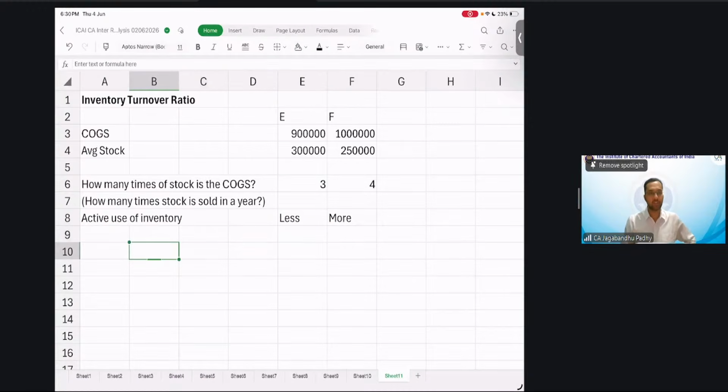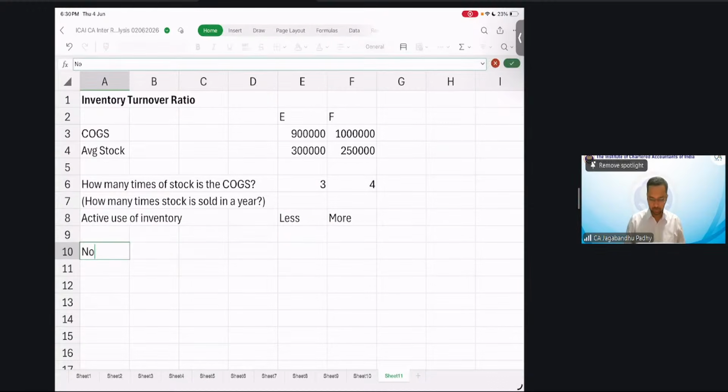Now, an interesting question to you guys. Can you tell me the number of months required to sell one lot of inventory?